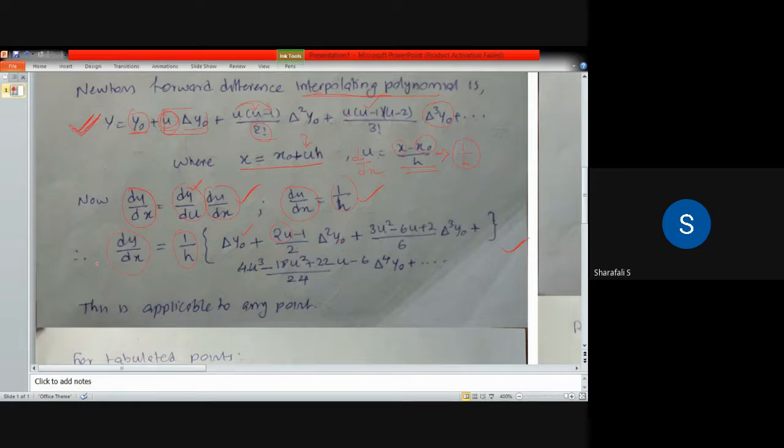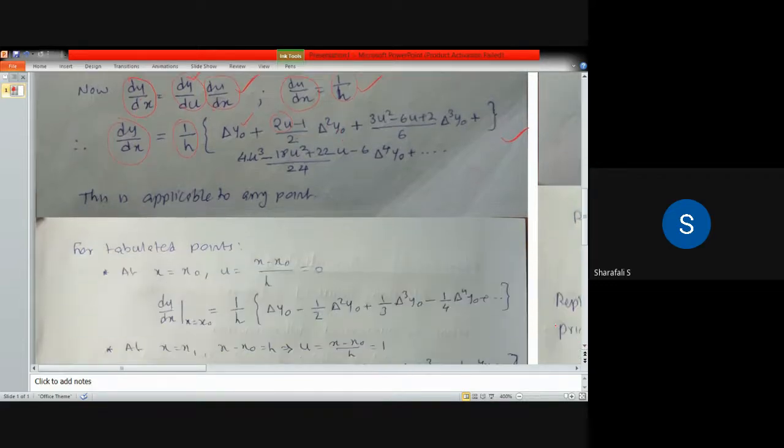So this is the equation corresponding to the differentiation of the given set of values or data. Let us consider this particular equation, and you can see this is applicable to any arbitrary points.